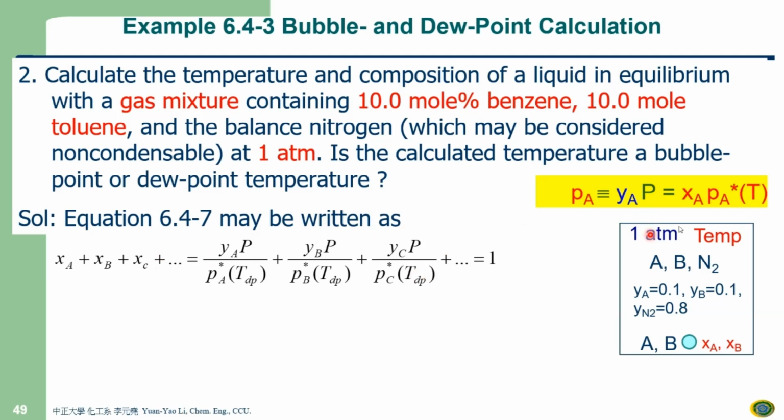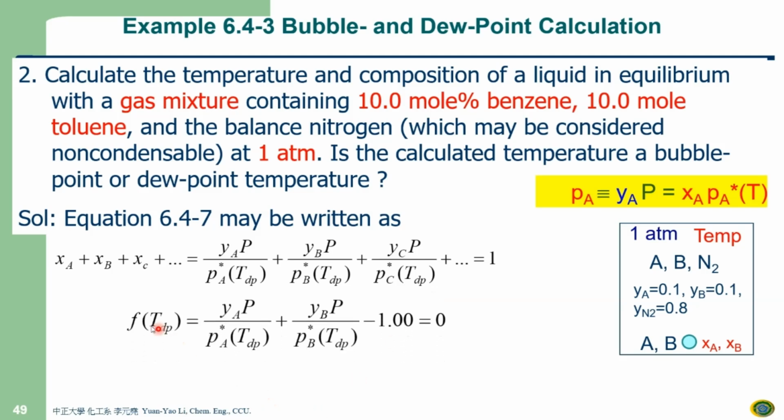And following the Raoult's law equation, you can replace XA to become this, XB become this, XC become this. Since you only have 2 components, you just put the equation like this. And when we talk about temperature, you always use trial and error first.